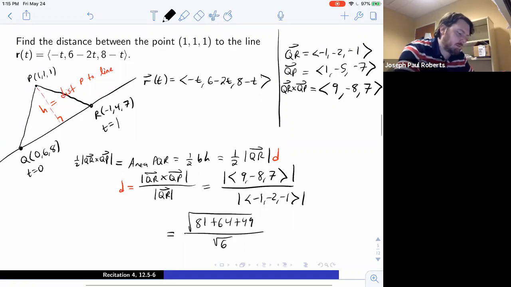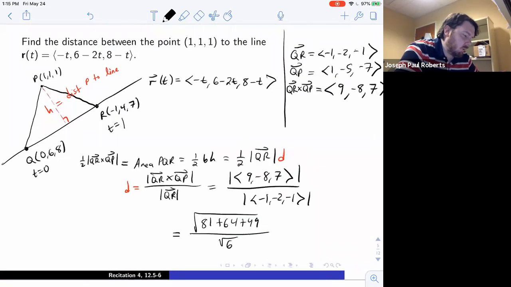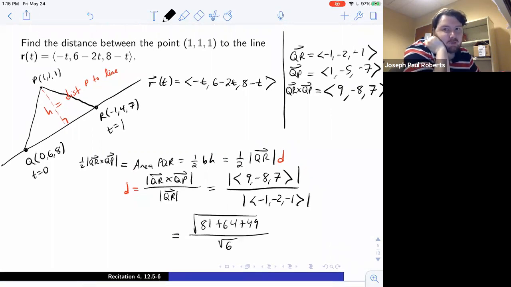Okay, so that's the hint for point to line: get 2 points on your line using any two t values that you want, and then set up the area of that triangle, and that should get you to what you need. All right.